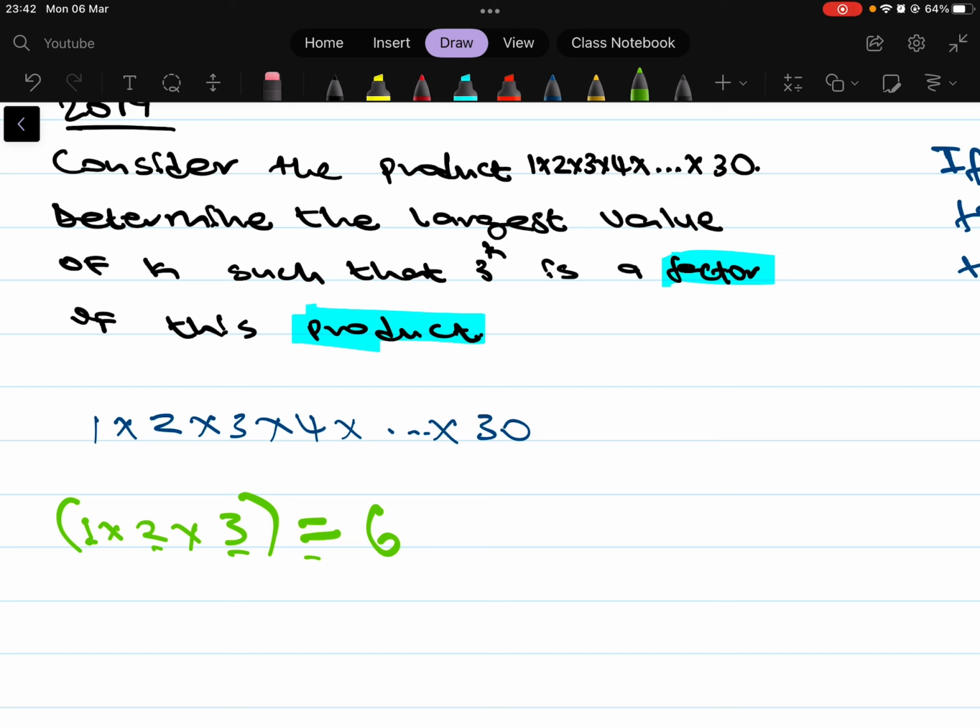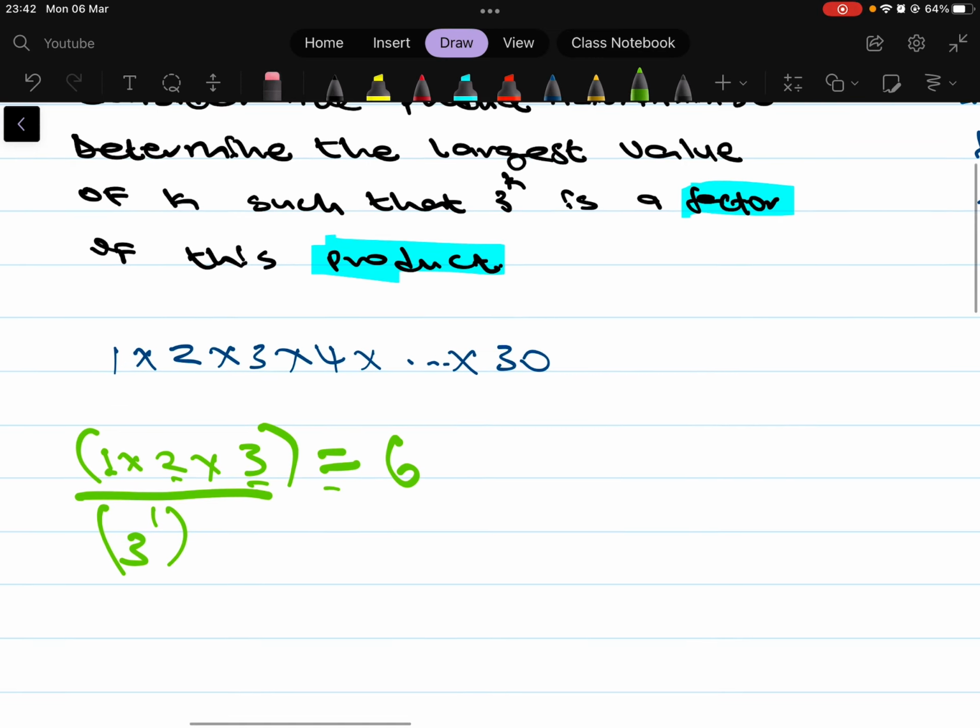If we are to look for factors of 6 in the form of 3 exponent k, like they did there, how would that 3 exponent k be a factor? If k is equal to 1, that's basically the same as just having 3.